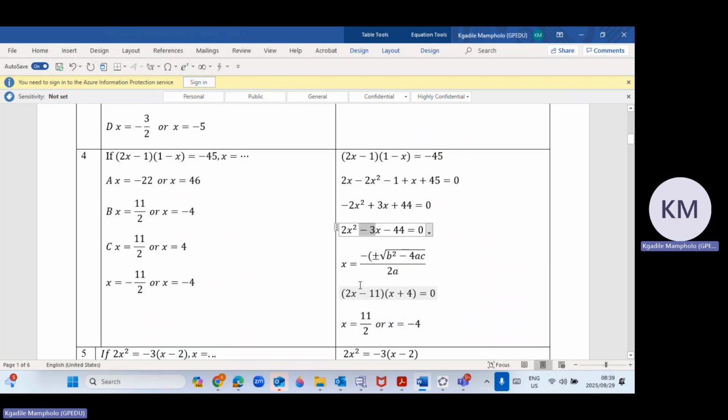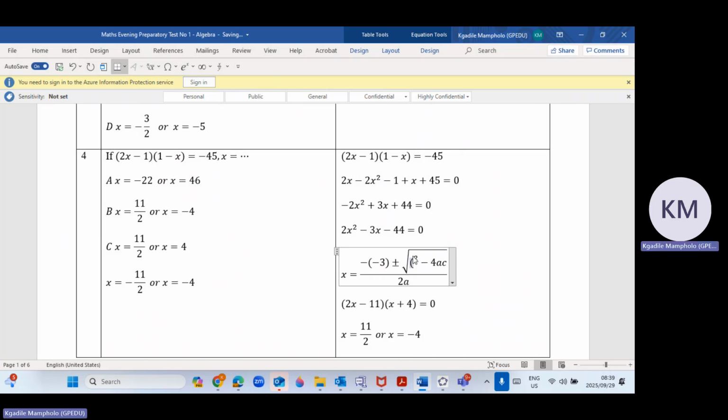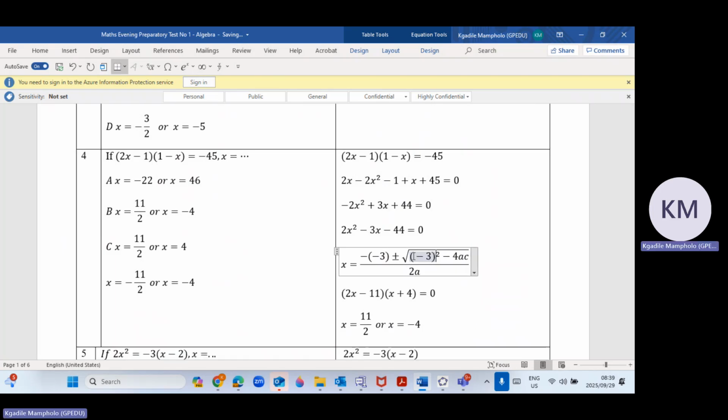Let's quickly do that. Here we'll have -3, -3, and also here you say -3, -3 squared, then 4 into 2, which is our a, and then our c is -44.